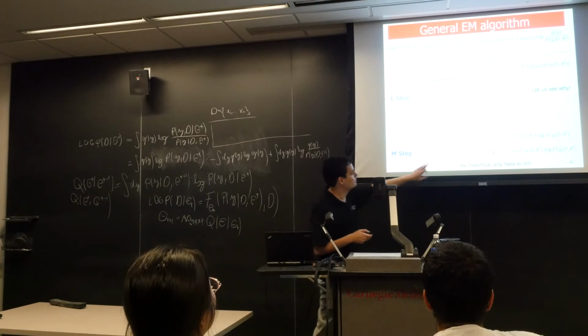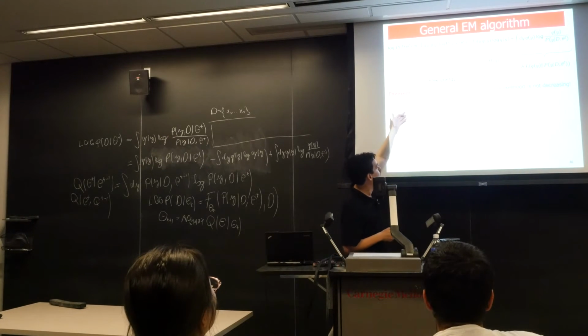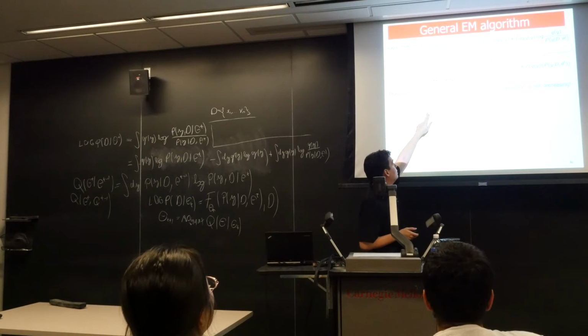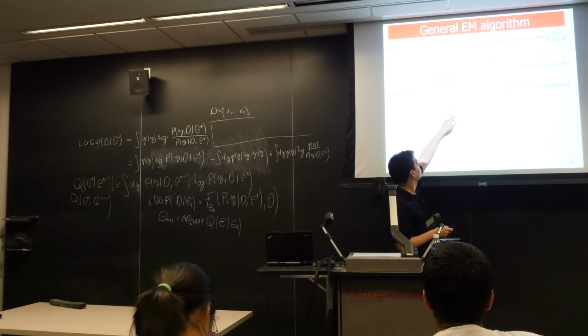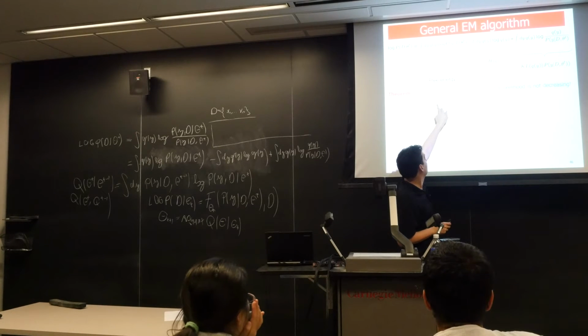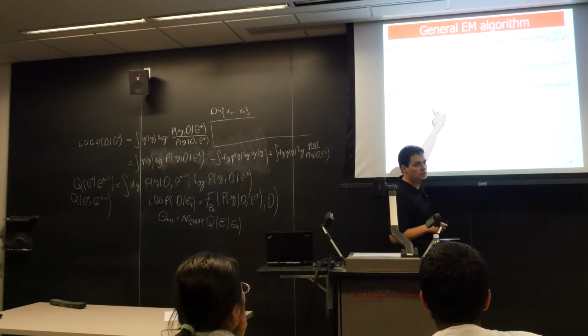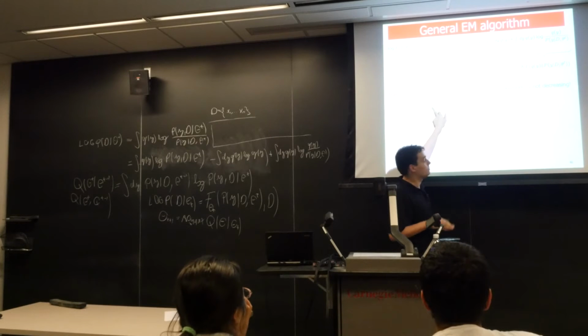Okay, using this, we will prove our main theorem: if you do the EM iteration, then the likelihood function is not decreasing. It either increases or remains the same.